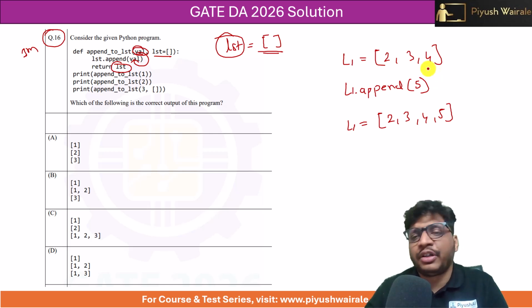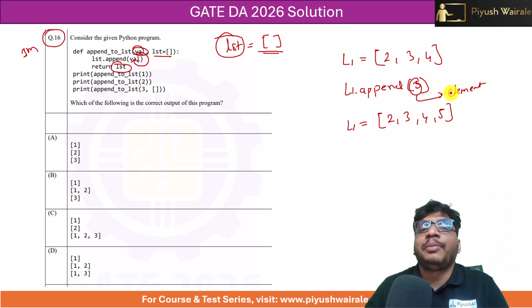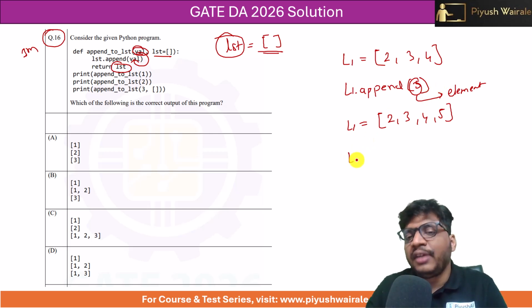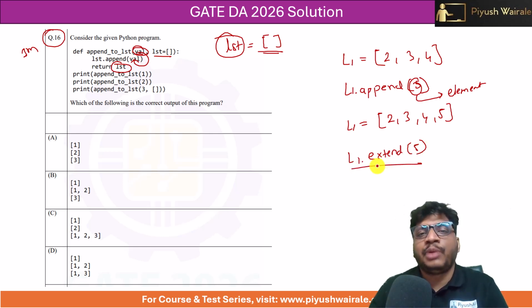This is how the append function works, and remember this will take an element as input, not a list, because for a list we have something called the extend function. If I say L1 dot extend 5, what will happen here? Can anyone tell me?